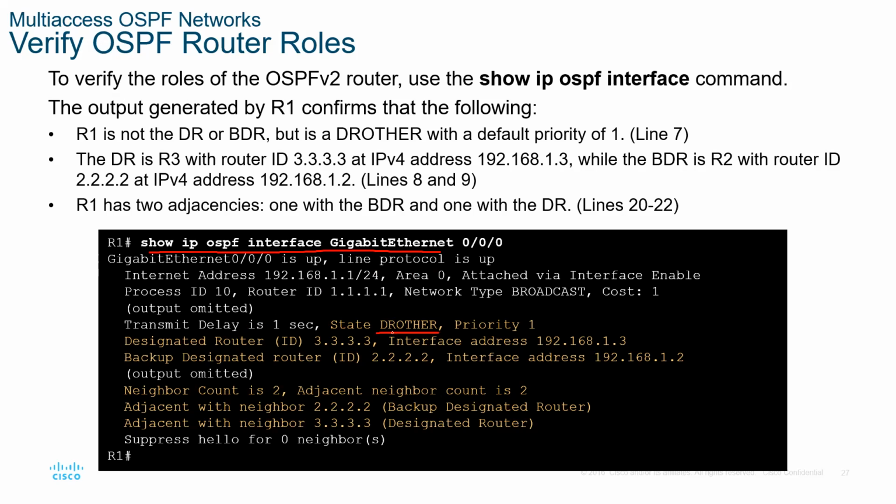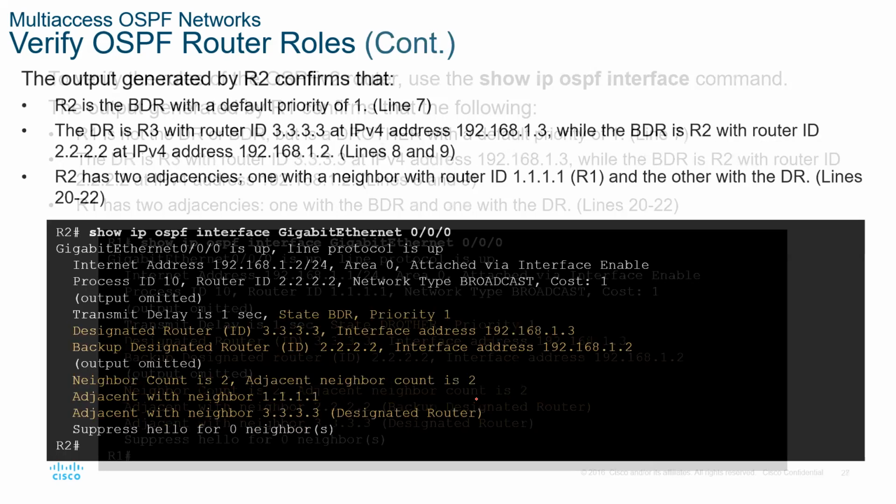It tells us that it's a DROther with a priority of 1, and that the designated router is 3.3.3.3, which is router 3. It also tells us the backup designated router, the BDR, is router 2. It will tell us that it has neighbor adjacencies to both of them.